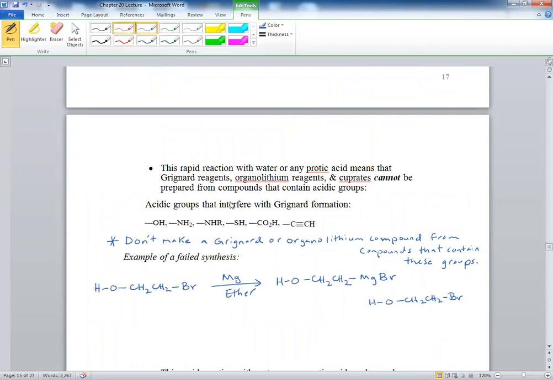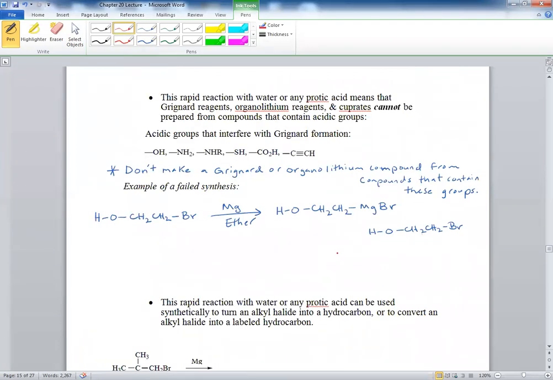So instead of making more and more of the organometallic Grignard reagent, there's going to be an acid-base reaction, and you're going to make this chunk right here. It's going to come down with an H added, so it's going to be HOCH2CH3.